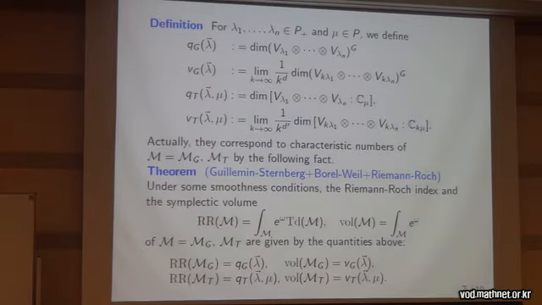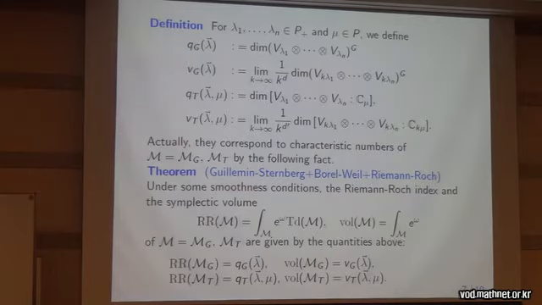We assume some smoothness conditions, and under those conditions, the Riemann-Roch index and symplectic volume of Mg or Mt are given by the quantities above. The Riemann-Roch index of Mg is just this integer, and the volume of Mg is given by this asymptotics.